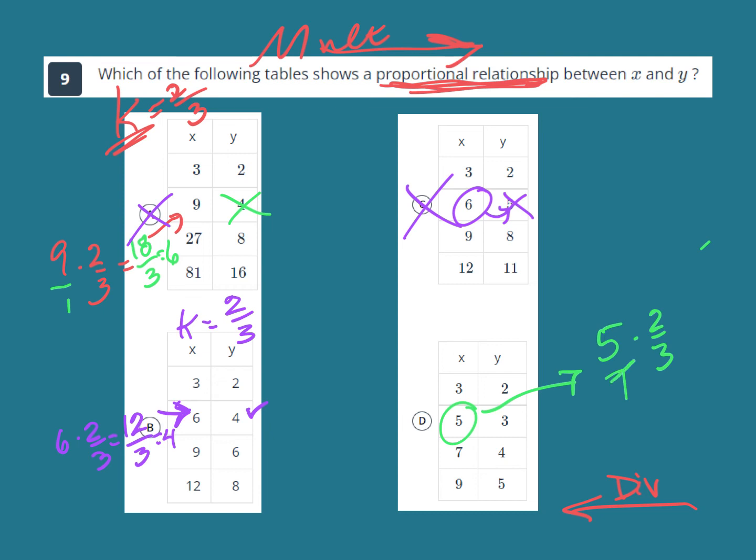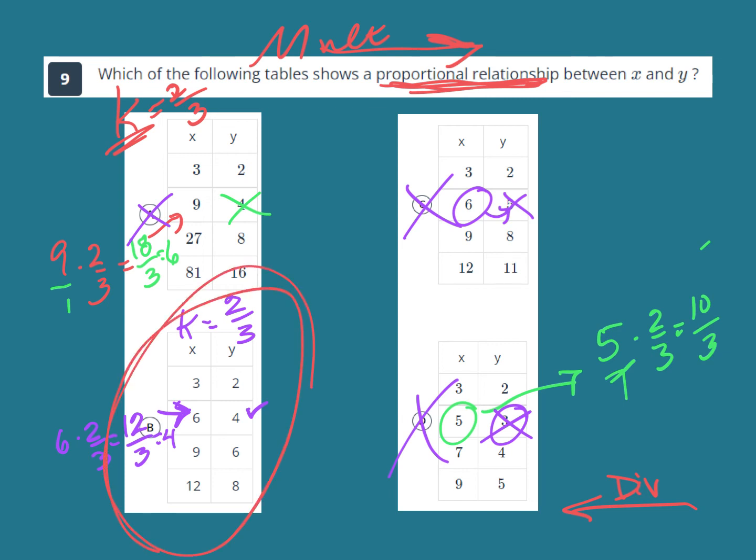Put that over 1. 5 times 2 is 10. With 3, the answer there is definitely not 10/3. So it looks like our answer is, in fact, B is our correct answer.